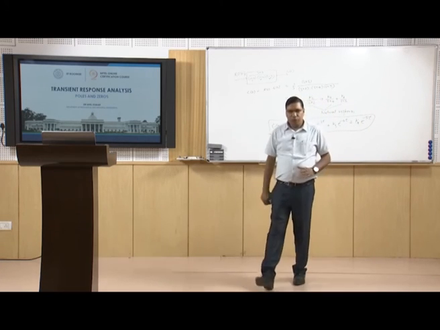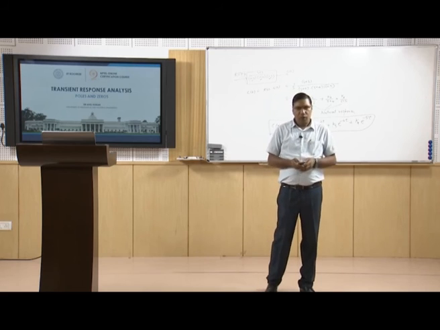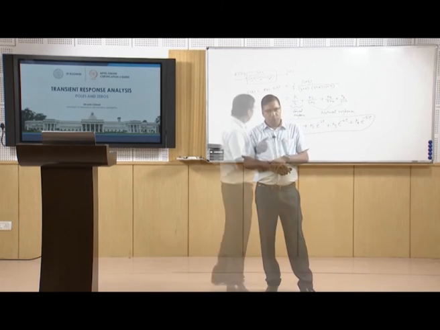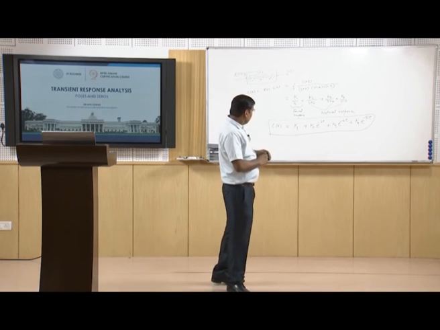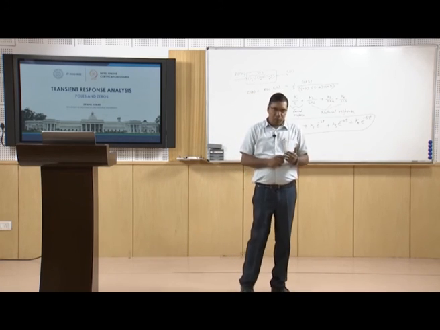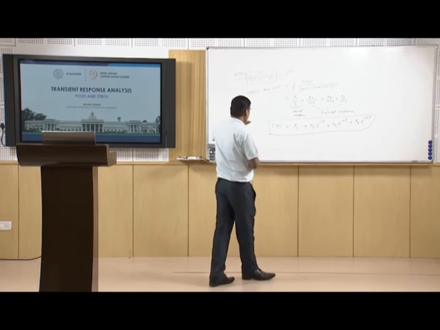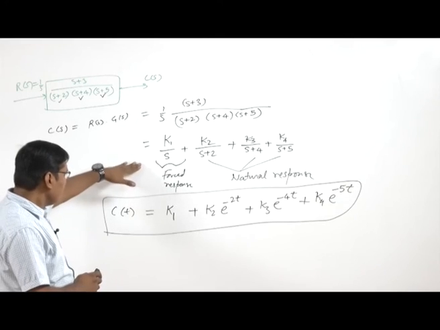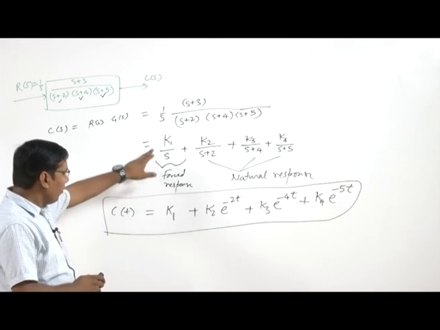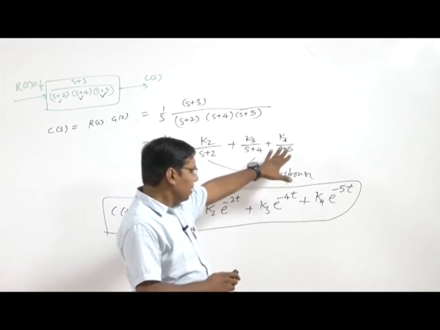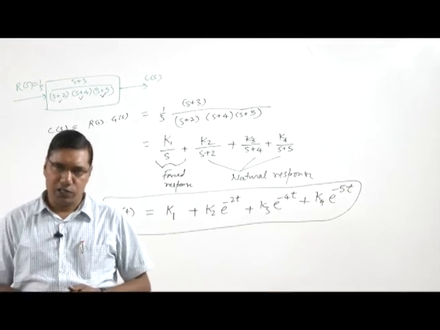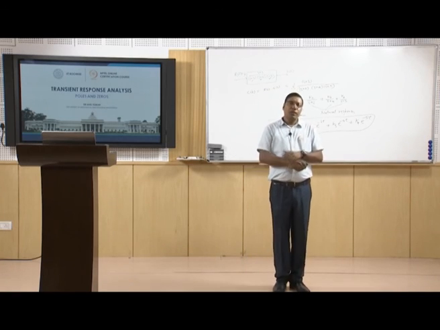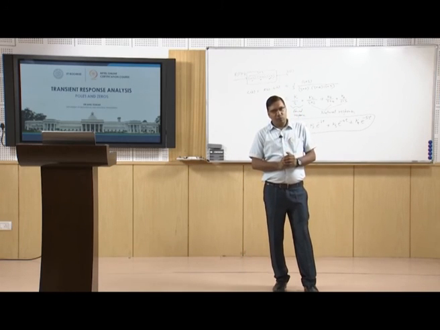So now we see that when there is a system, we can go to the s domain, write this output, find these coefficients, and come back to the time domain by taking the inverse Laplace transform. Today we discussed poles and zeros.